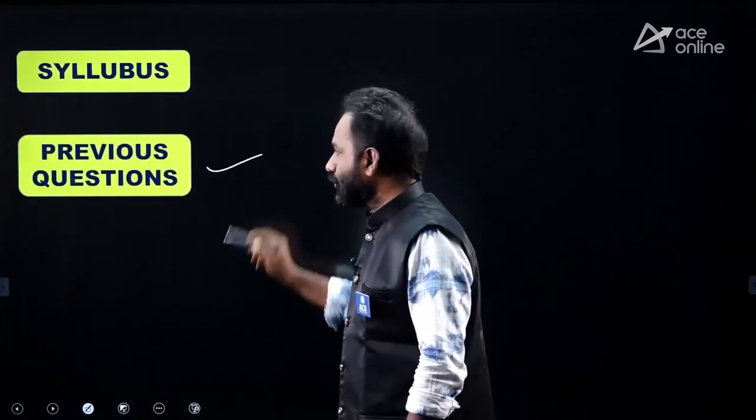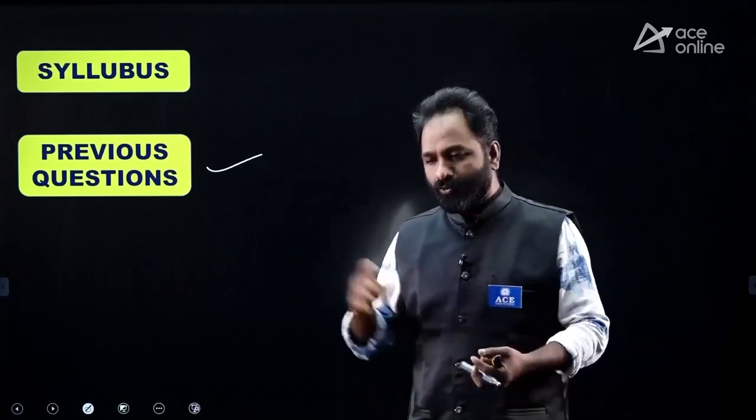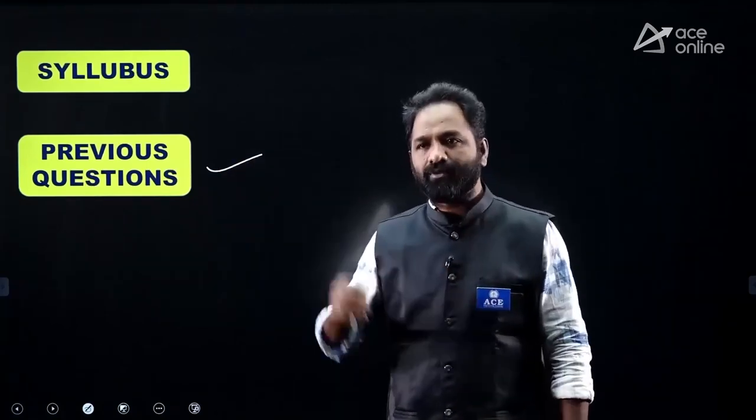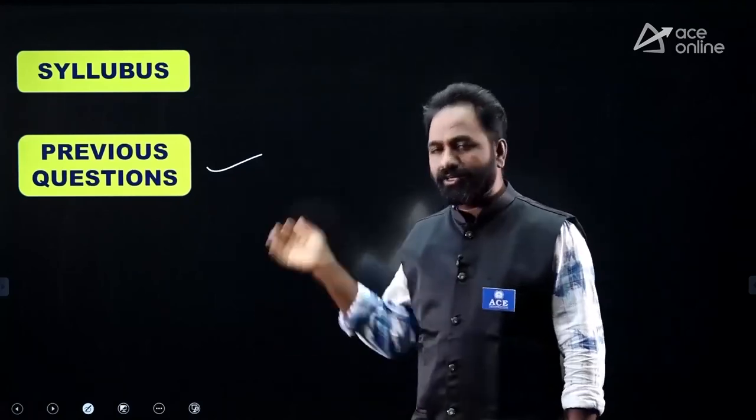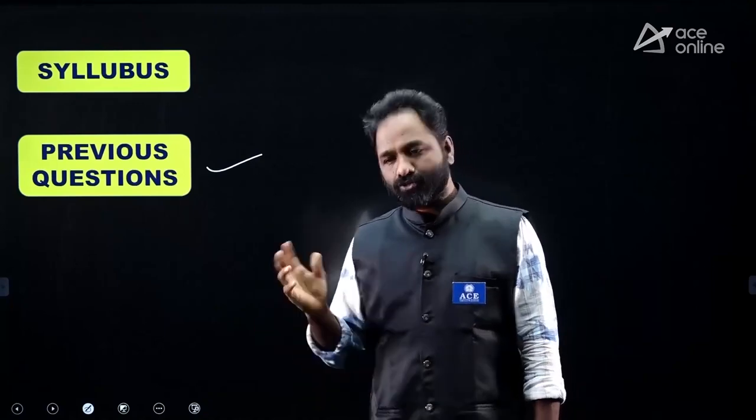Second one, go through previous questions. Suppose you went through polity, for example president, governor, parliament, citizenship, some chapters are there. Once you observe the syllabus, immediately look into the polity previous questions, so that you have an idea how they are asking questions on the president, how they are framing questions on the governor, on the parliamentary system.